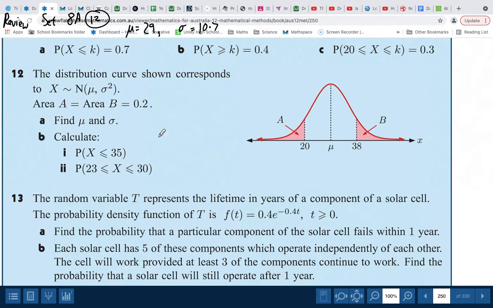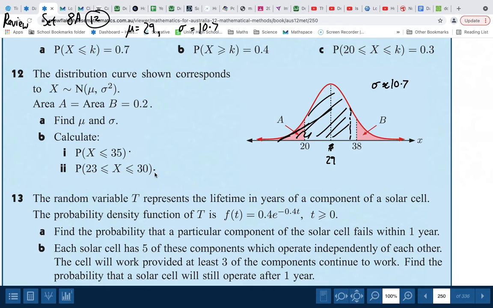So we've now got a curve where we know that that's 29, and we know our standard deviation was 10.7-ish. The 35, it's asking us for this area here. We could normal CDF that, where our lower would be minus 1 times 10 to the 99. So that's how you do this one.